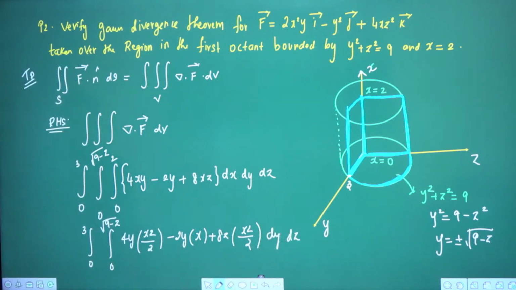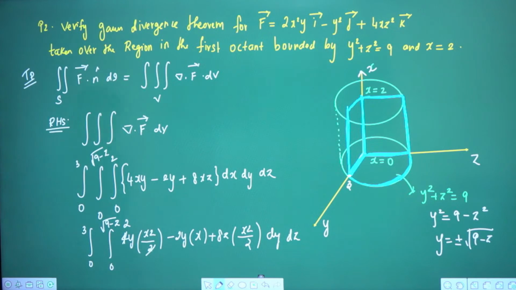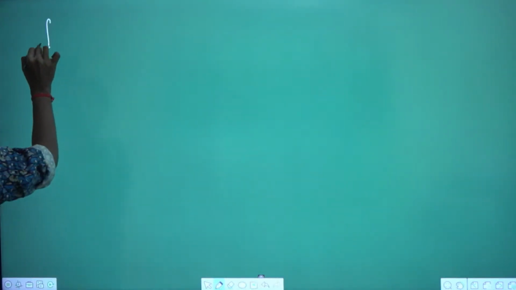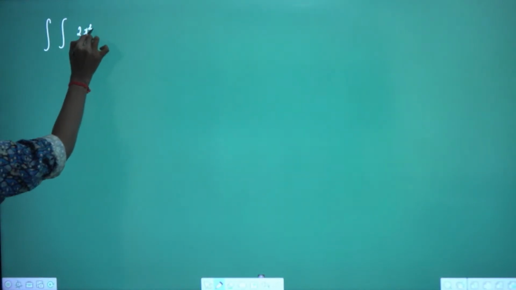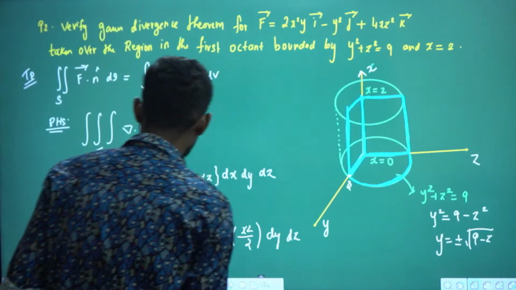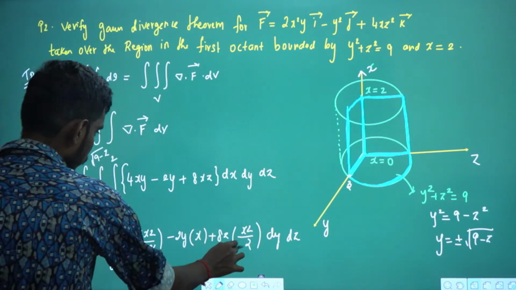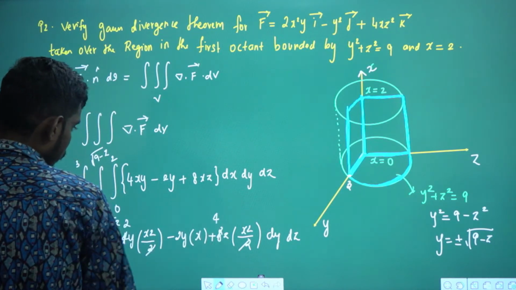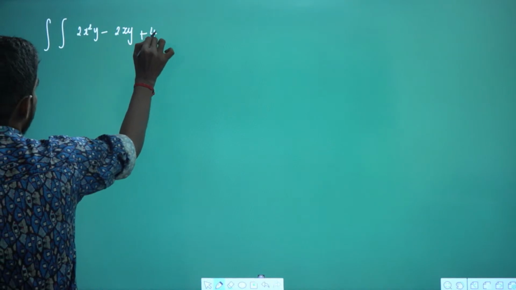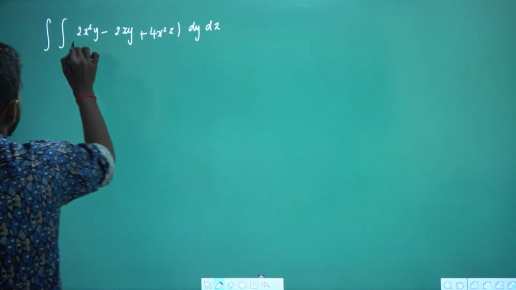So we will have 2x square y minus 2xy plus 4x square z dy dz.